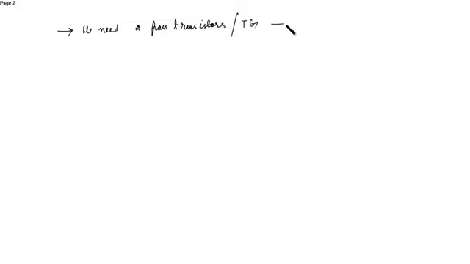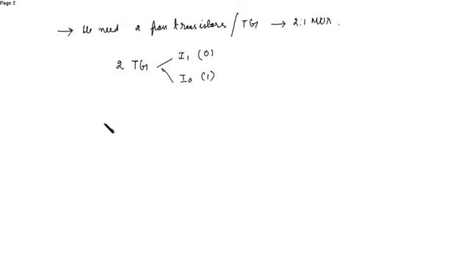These 2 pass transistors or the 2 transmission gates are needed in order to pass the inputs, that is I1 and I0, depending on the select line value 0 and 1.